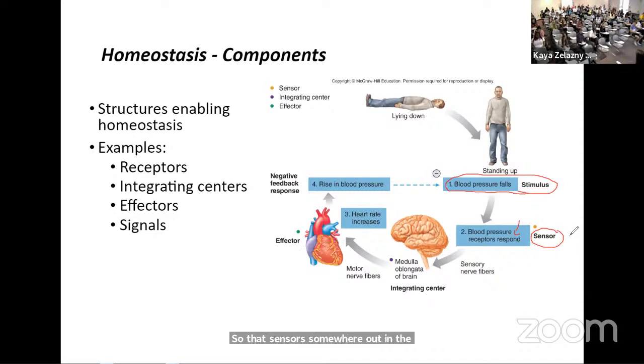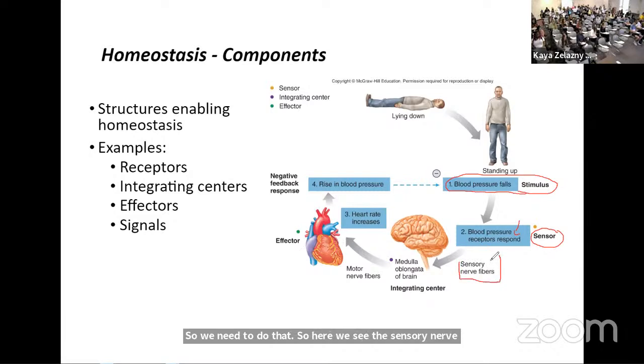Often we're going to want to get this information back to the brain. So we're going to need nerves to do that. Here we see the sensory nerve fibers drawing that information to our integrating center. In this case, the medulla oblongata, which is a structure in the brainstem.